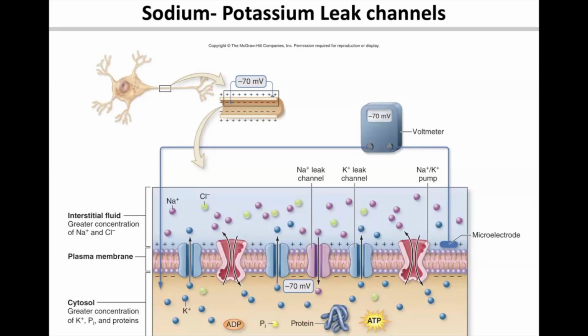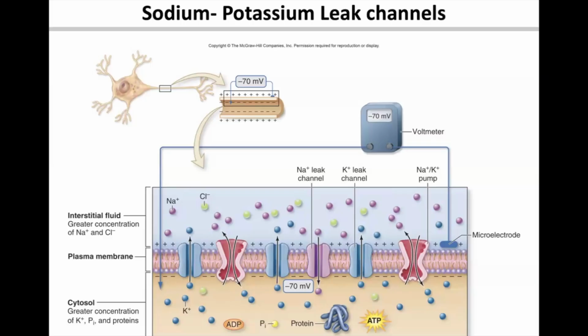There's another factor, which is that several anions are present inside the cell, which are produced by the cell. These anions carry negative charges. These are large molecules and are unable to move out through these channels.